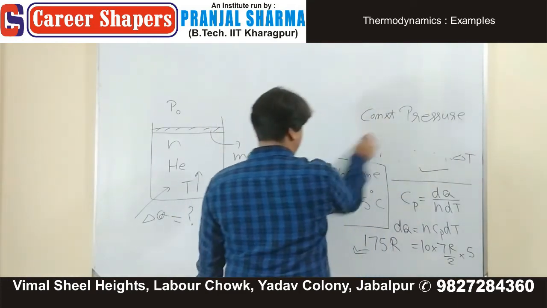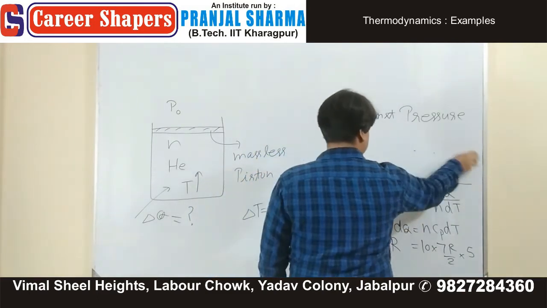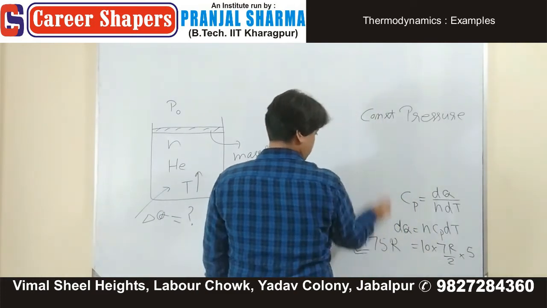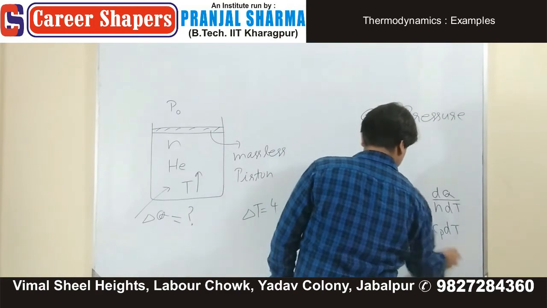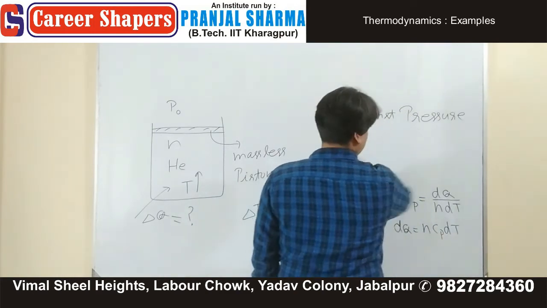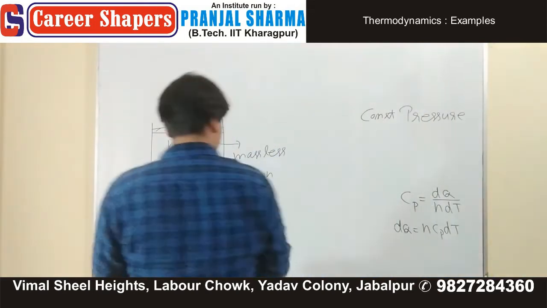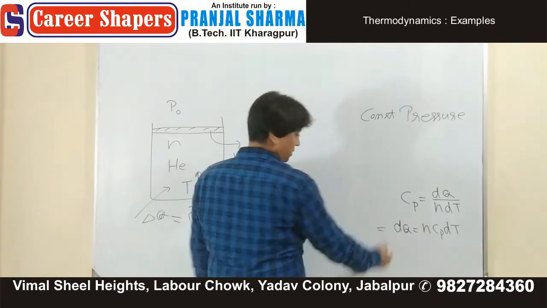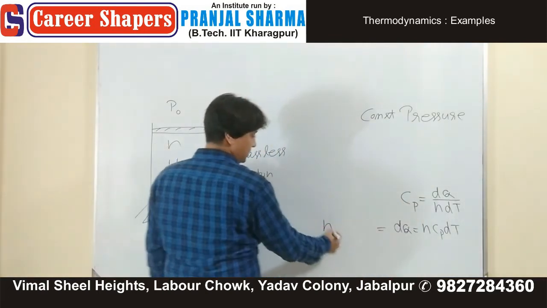Those who could not think that it's isobaric, take 10 seconds, think about it. How come it's an isobaric process? Let me answer the question first and then I'll explain how come it's an isobaric one. If it is isobaric, that's how your dQ will appear: N Cp delta T. Number of moles N, Cp.